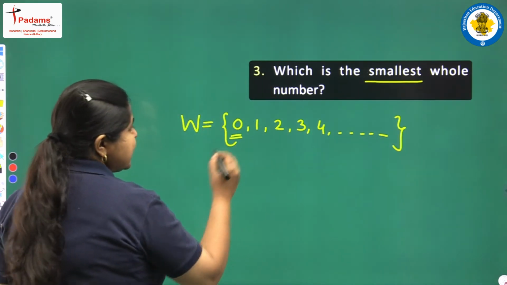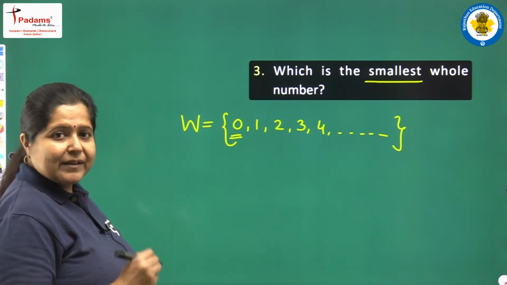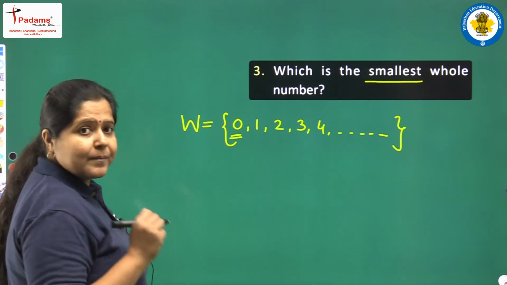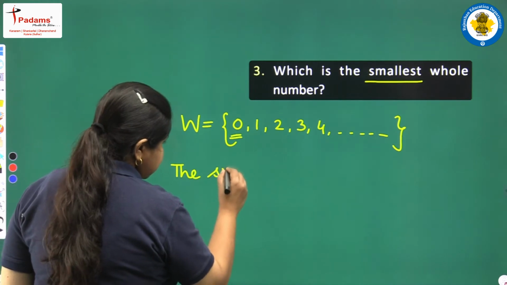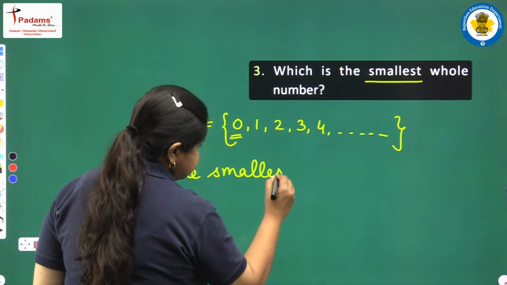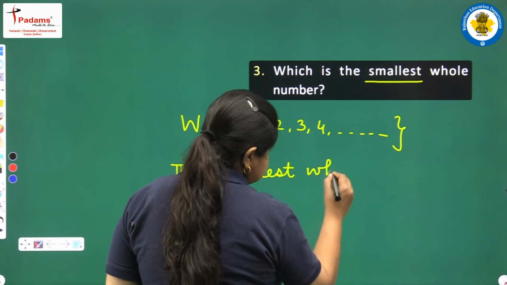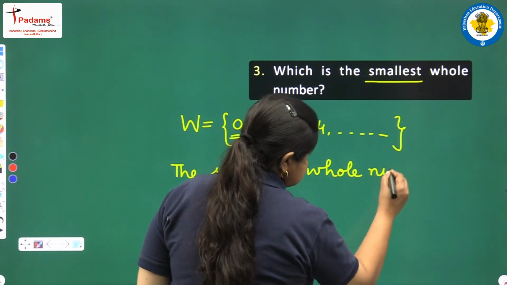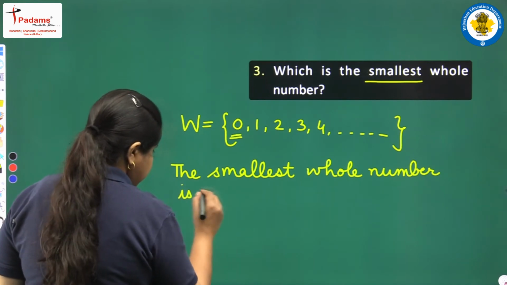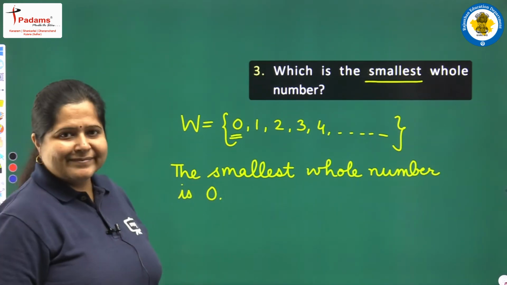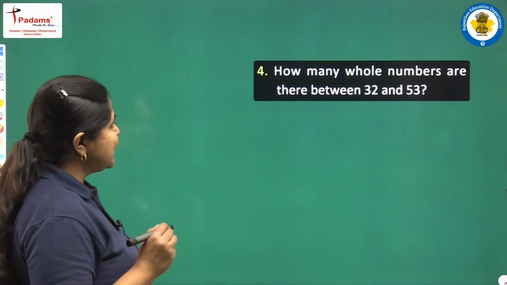Clearly, this 0 is the smallest whole number because this system is starting from 0. So we can say the smallest whole number is 0.